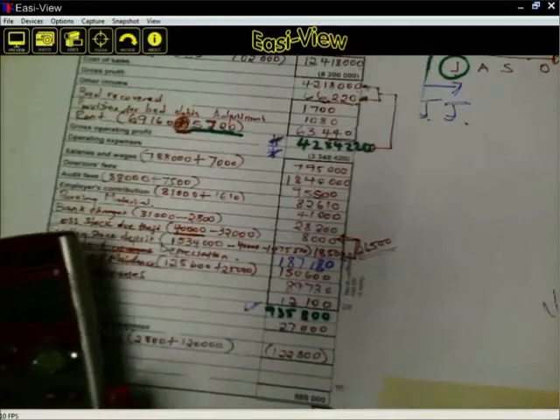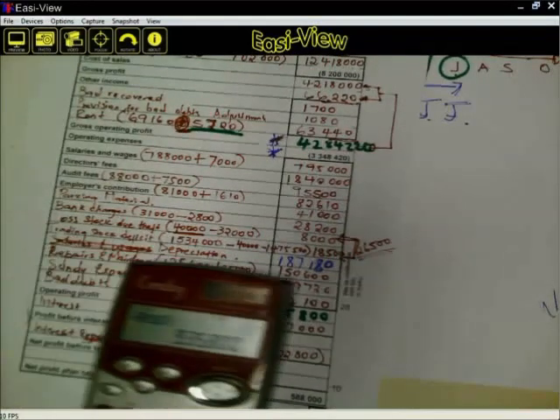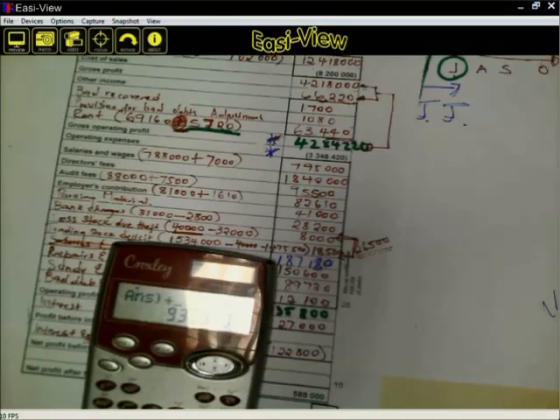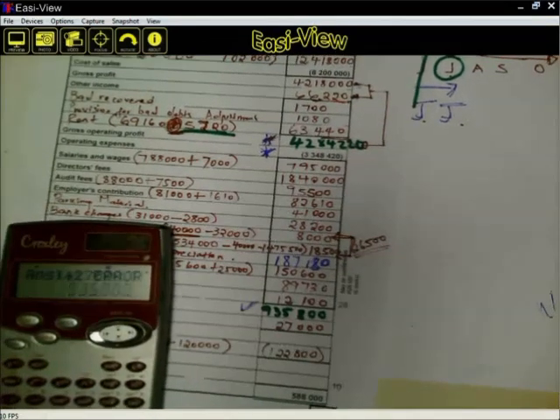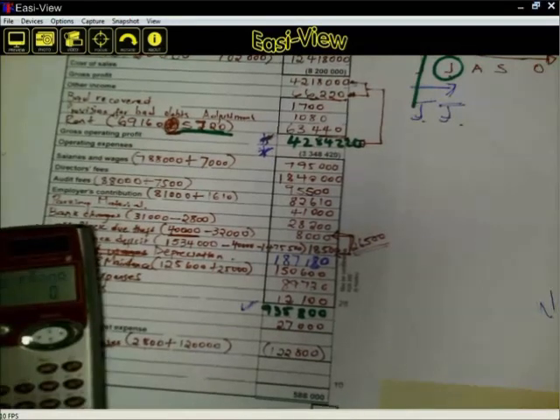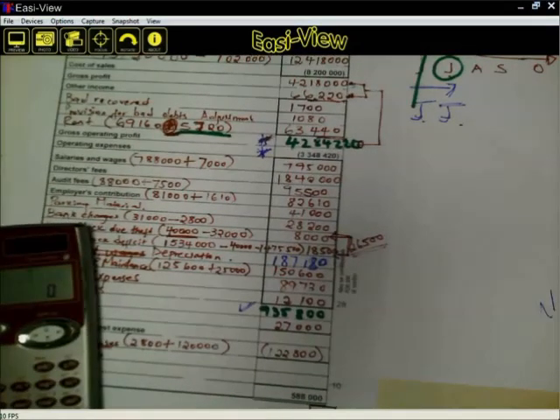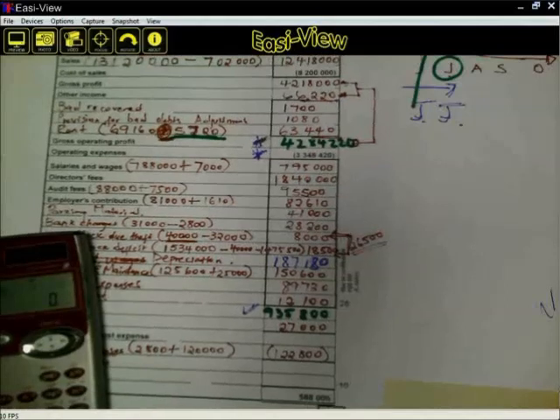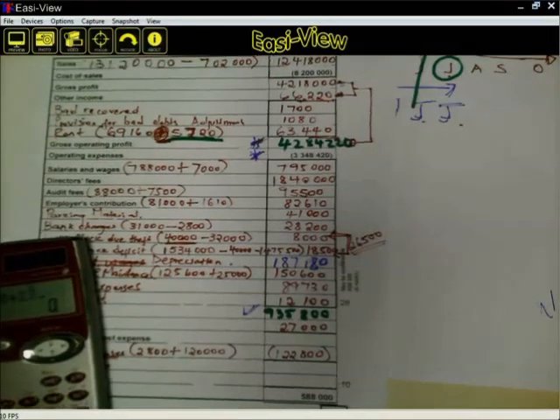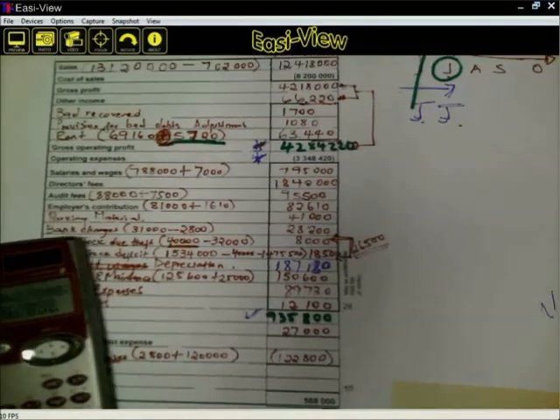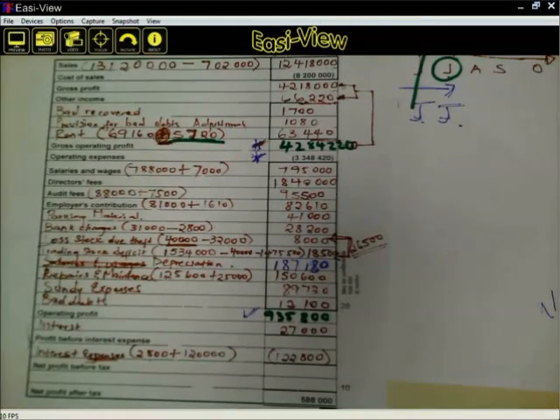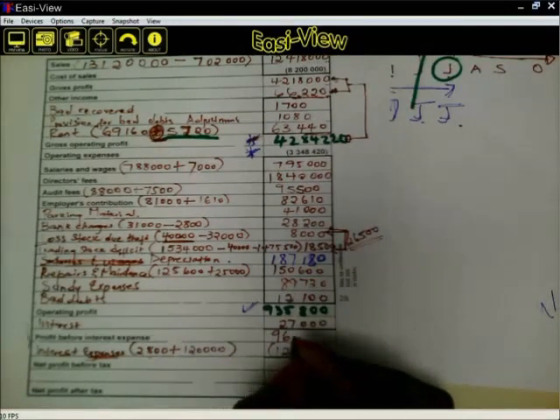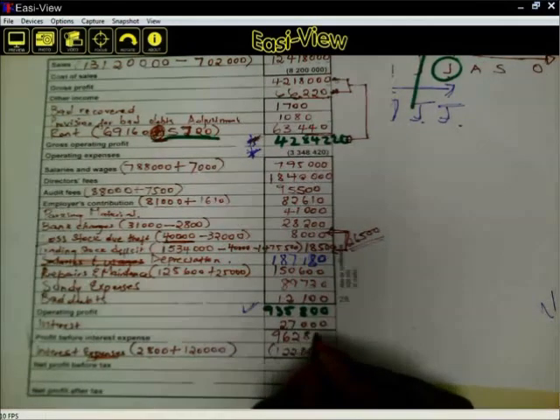So our operating profit is 935,800. Then you must add the 27,000. 935,800 plus 27,000, then we are going to have 962,800.